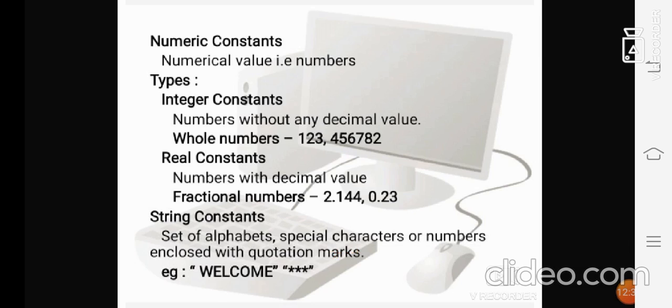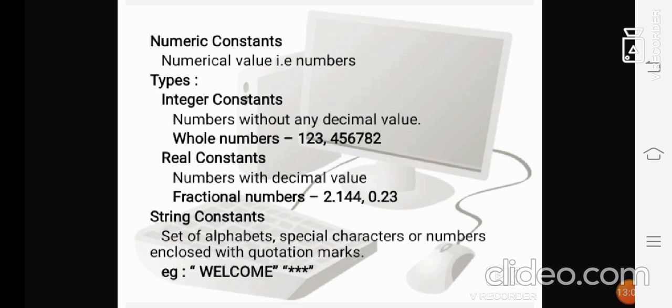Let us see the numeric constants. Numeric values, for example, numbers. Types: integer constants, numbers without any decimal value, whole numbers. And real constants, numbers with decimal value, which are fractional numbers.